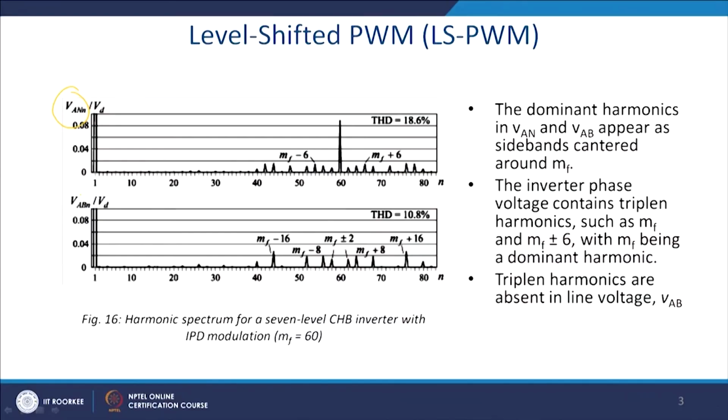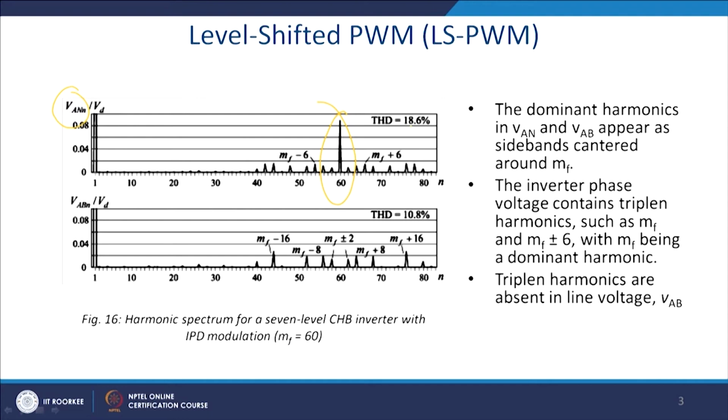So, regarding the dominating harmonics, it can be seen that VAN, that is the phase voltage, will appear in a side band centered around mf. So, you will get a THD of around 18.6%, quite a high THD.